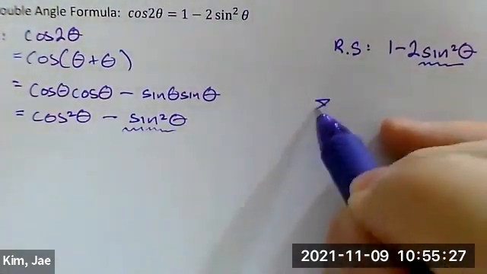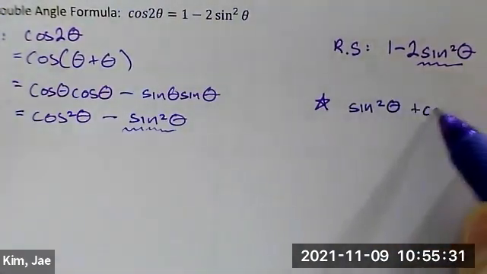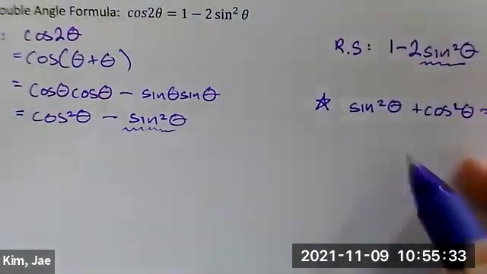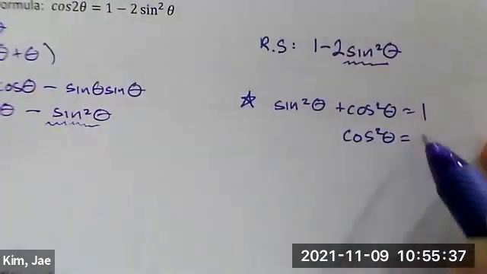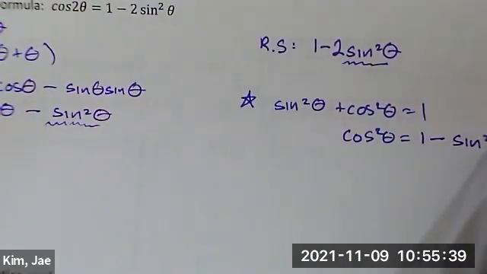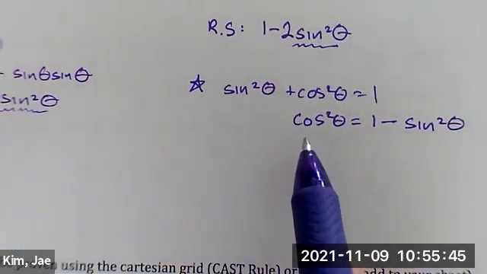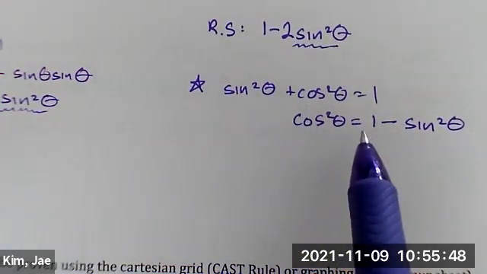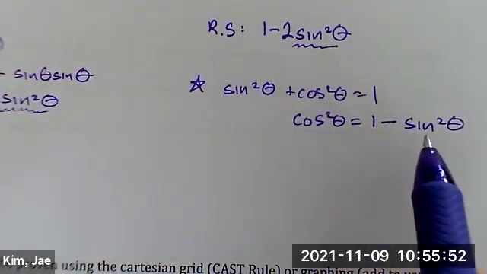Please recall that if I have sine squared theta plus cosine squared theta equals 1, well, cosine squared theta is equal to this. And so on my left side, I'm going to take my cosine squared theta and convert it to that.